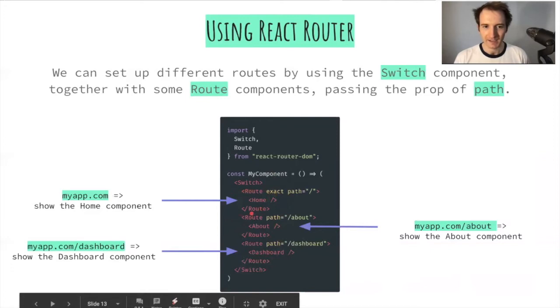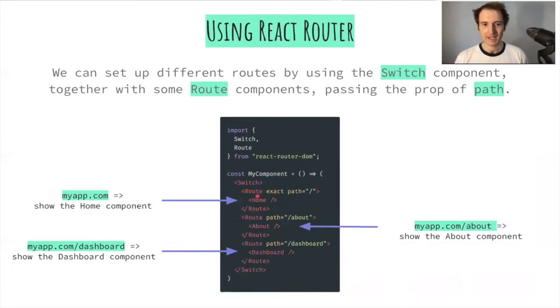So the way to read this is that if the path is just a slash, so essentially just the home route of our application, then we're going to render the Home component. If instead we get the path of /about, so this could be, you know, myapp.com/about, then in that case, we'll render the About component.